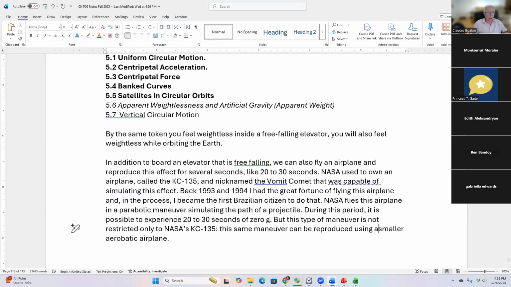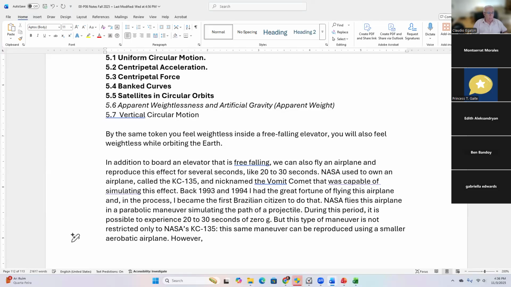Using a smaller aerobatic airplane. And I did that before too. I am a pilot, and I used to rent an aerobatic airplane and perform this type of parabolic maneuvers.